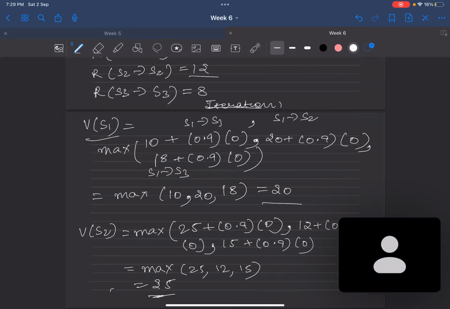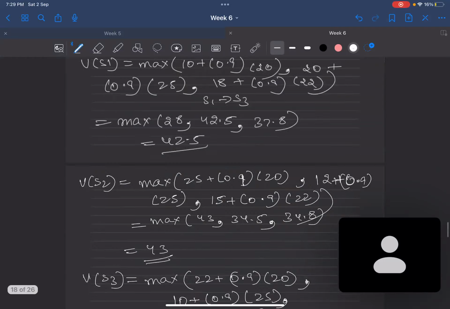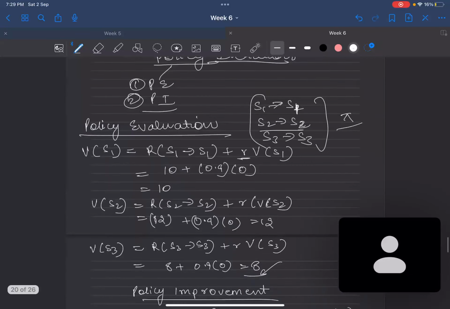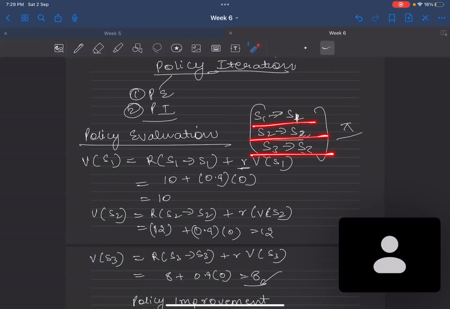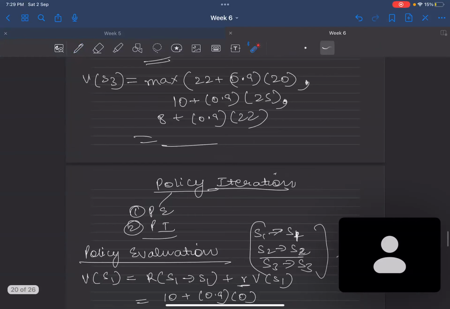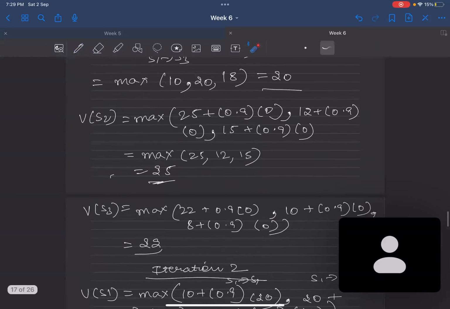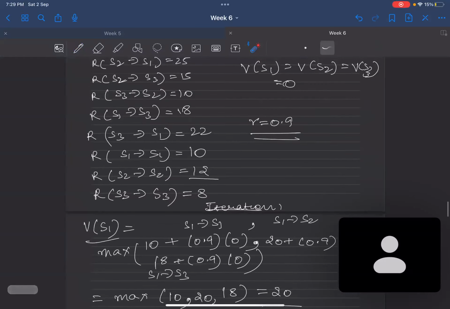If I talk about policy iteration, I'm saying let us take an arbitrary policy, for example 0.3 to S1, 0.3 to S2, and 0.3 to S3. But in value iteration, we are not taking any arbitrary policy.